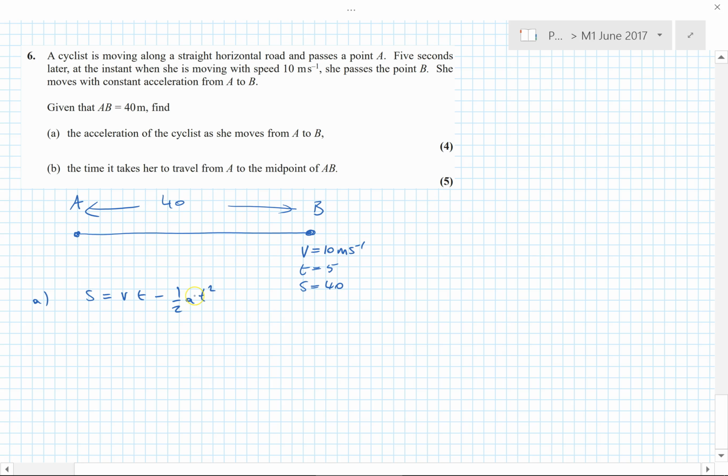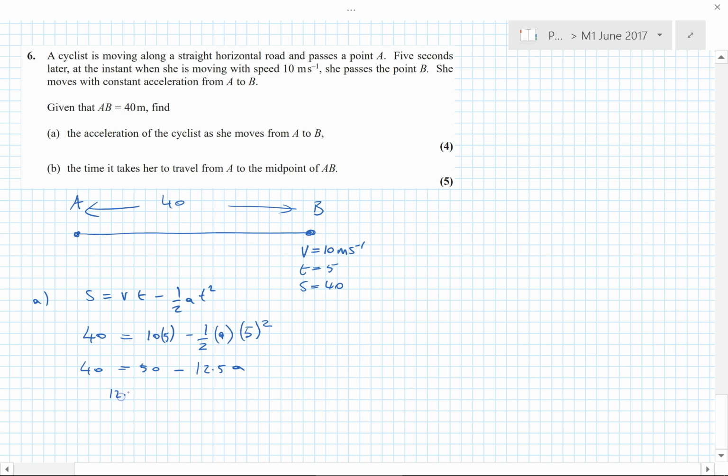40 is equal to 10t minus a half times a times t squared, which is 5 squared. And I knew t was 5 there of course as well. So 40 is equal to 50 minus 12.5a.